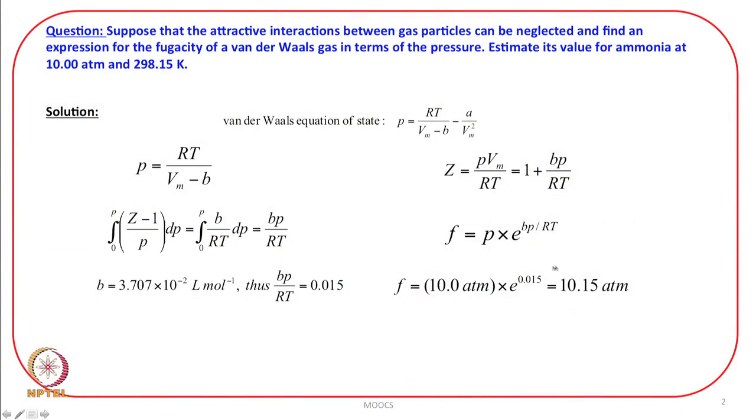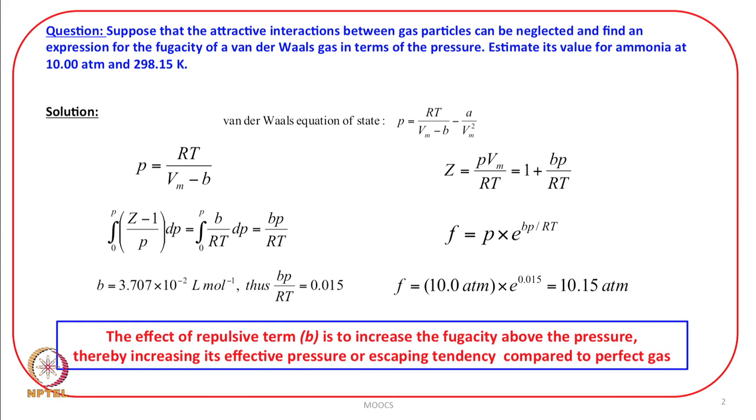Fugacity will be more than pressure, and that is what we see: fugacity is 10.15 atmosphere, whereas the given pressure was 10 atmosphere. So the escaping tendency is more. The effect of the repulsive term b is to increase the fugacity above the pressure, thereby increasing its effective pressure or escaping tendency compared to the perfect gas.